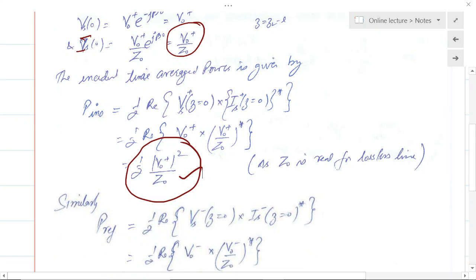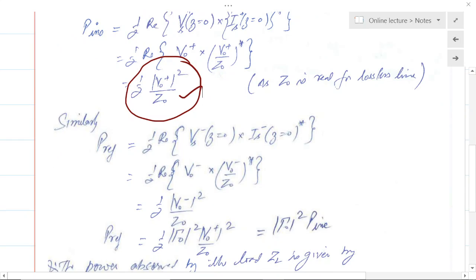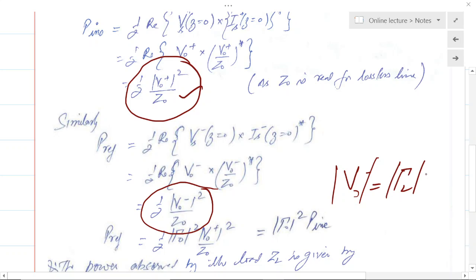Similarly, you can find the reflected power. Same location, but now we will find the power associated with the waves moving in the backward direction. So it will be given by Vs minus at z equals 0. So you will get the expression here, with this one half. Now we already know that the magnitude of V naught negative is the same as gamma L times V naught positive.